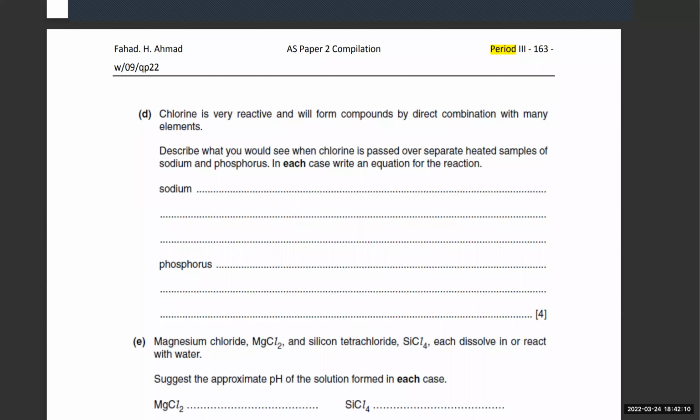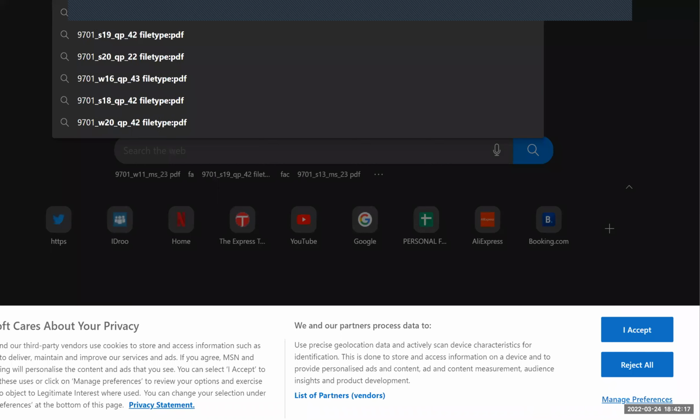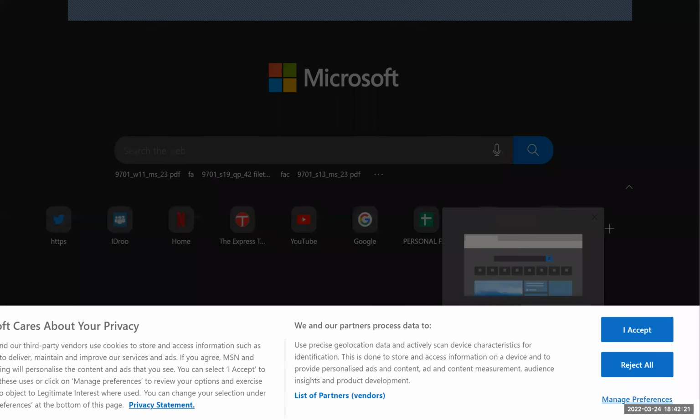Okay, W09QP. 1 second. बस इसको जल्दी से देख लेते हैं.